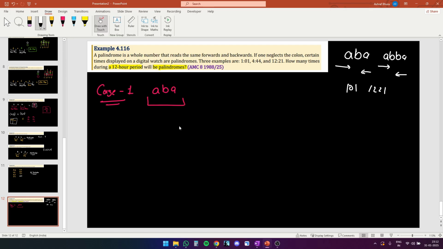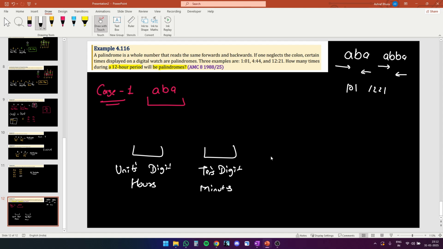Now for the ABA case, I have the units digit for hours, then the tens digit for minutes, and then the units digit for minutes.